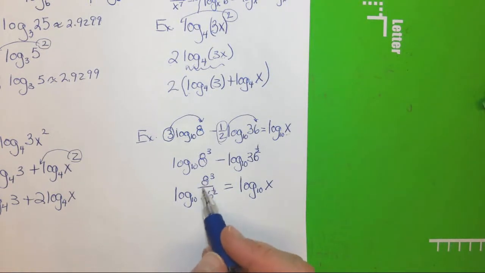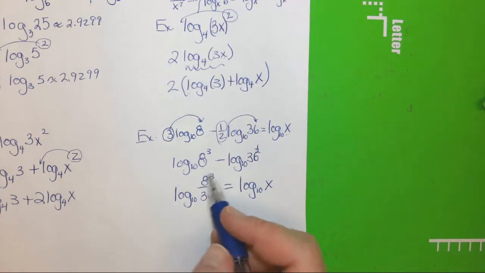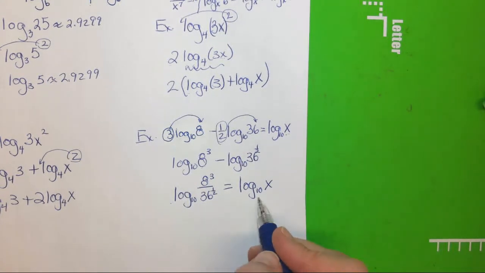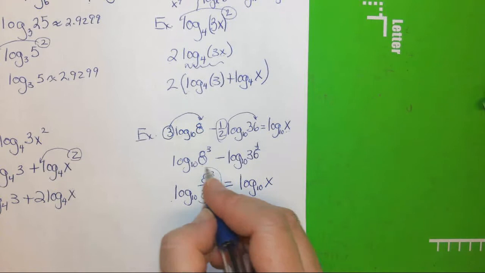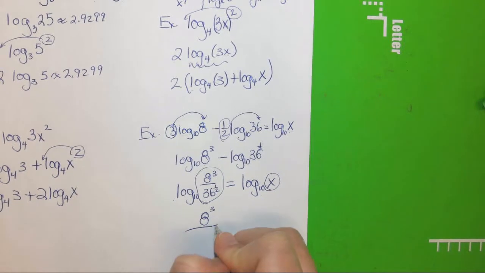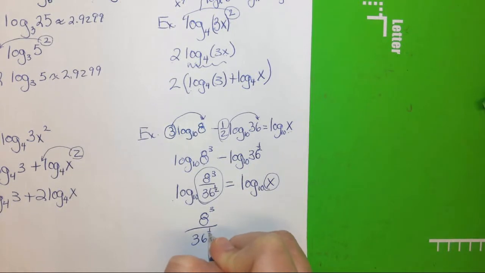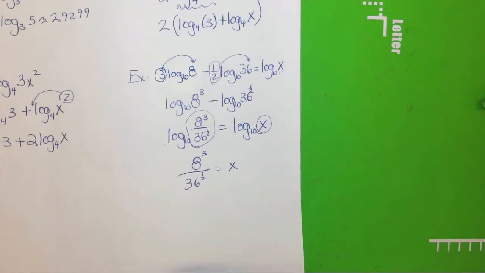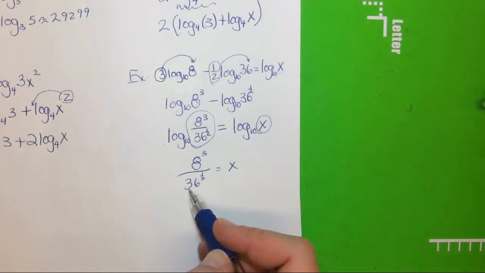So I have log base 10 equals log base 10. So we know these two pieces have to be equivalent. And so you can figure out what those are.